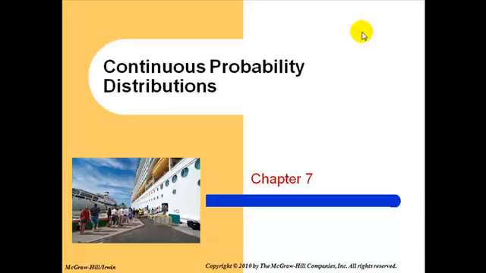In this chapter, we try to find continuous probability distributions, meaning when the random variable is a continuous random variable, and we try to find the probability of the random variable falling into a certain range.